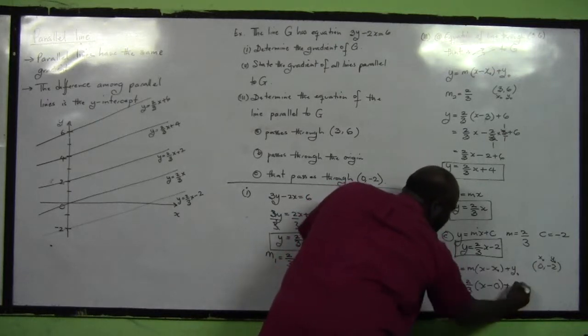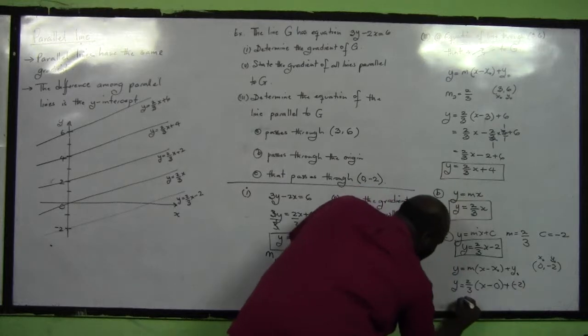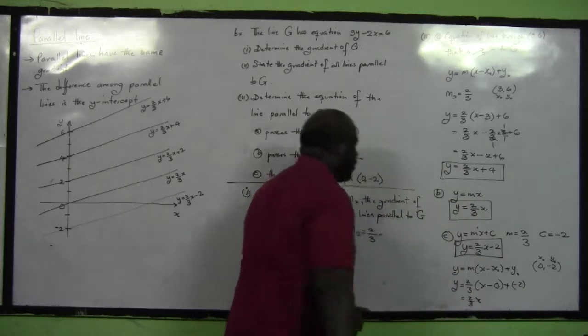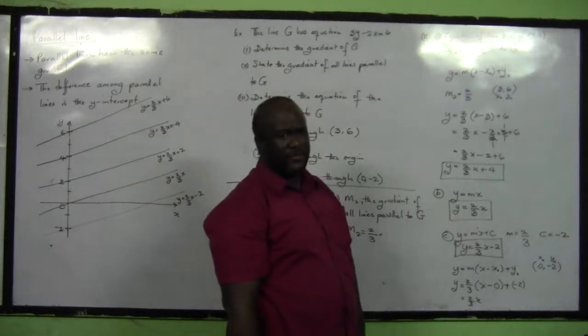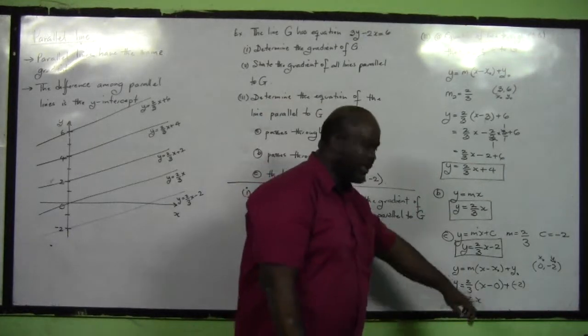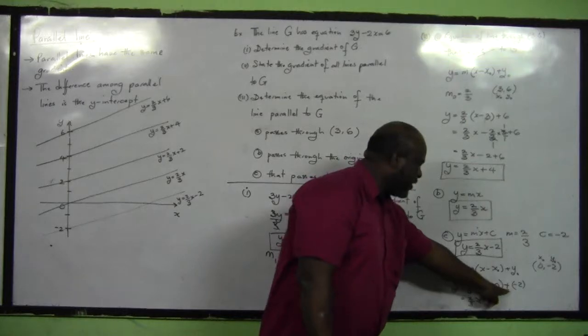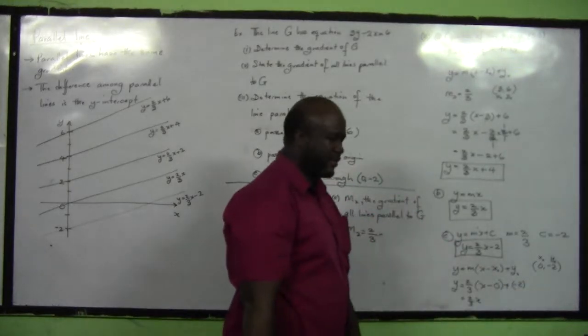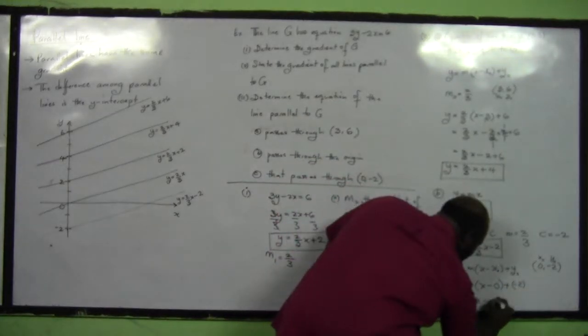Plus y naught, what is y naught? Minus 2. This is 2 over 3x. What is 2 thirds times 0? 0. So that's gone. A positive times a negative is a what? Negative. Minus.